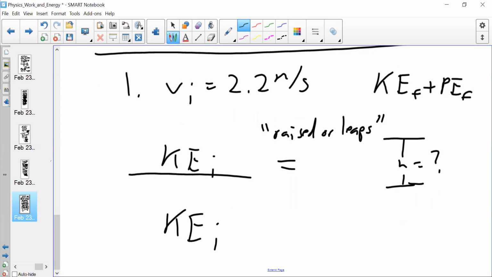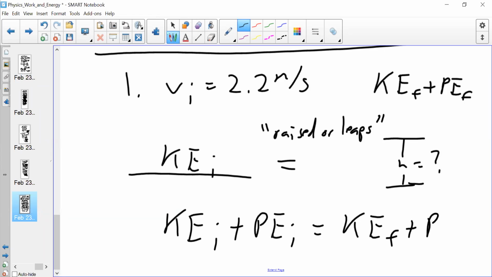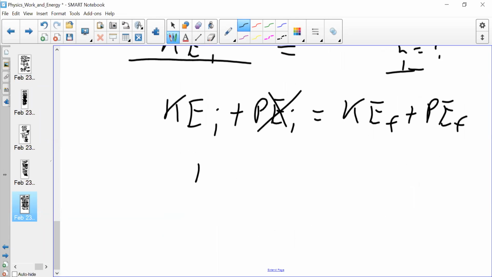So he's running first, he's on the ground. So just put everything out there: equals KE final plus PE final. Since he's on the ground, there's no height, so there's no initial potential energy.